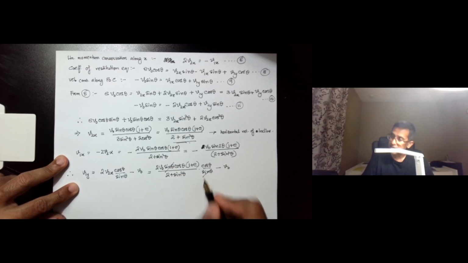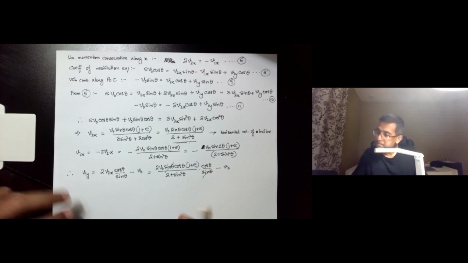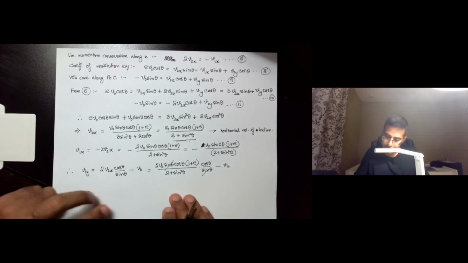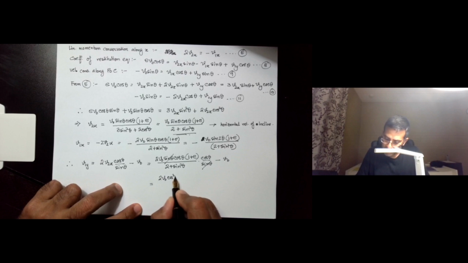I cancel the sine theta, and what we have is 2v0 cosine squared theta times 1 plus e divided by 2 plus sine squared theta, minus v naught.